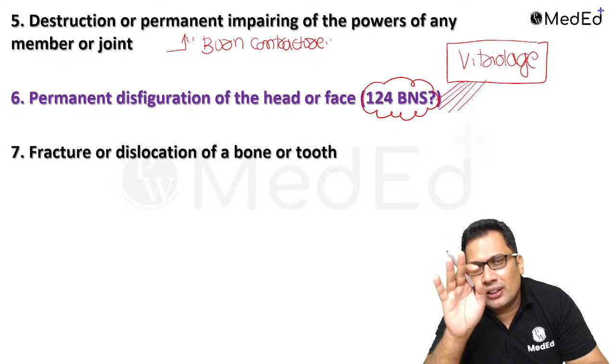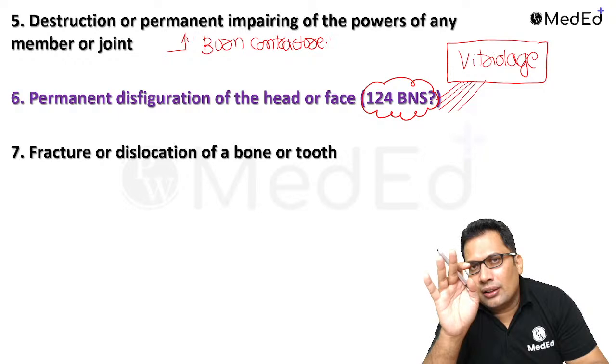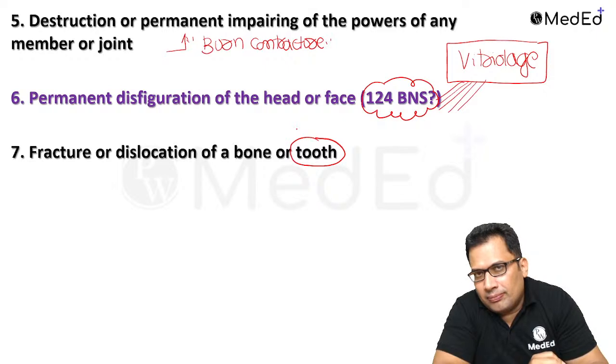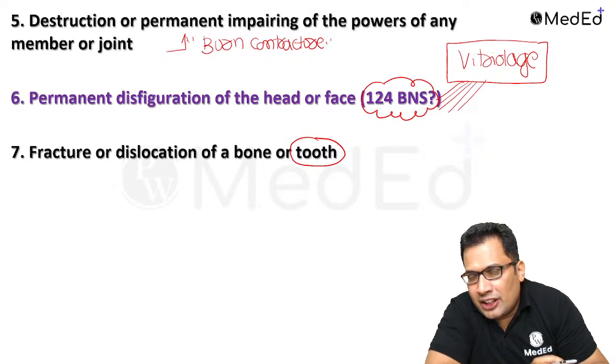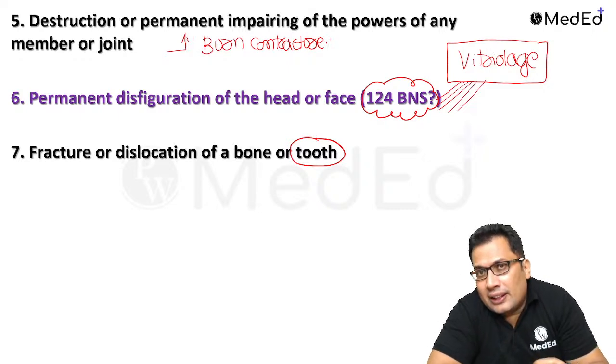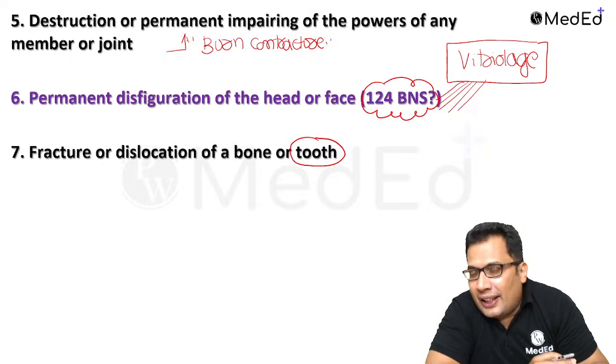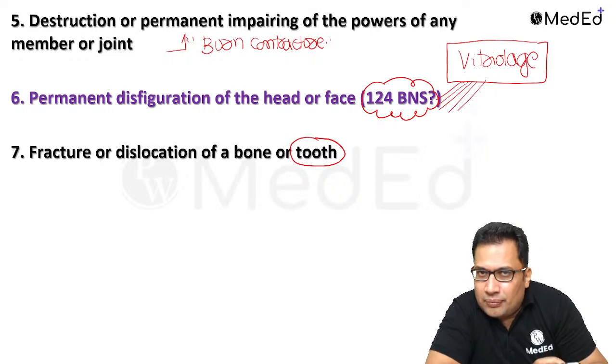Any dislocation can be grievous hurt. Or tooth dislocation can be grievous hurt. It should be a fresh injury, there should be hematoma, and because of that injury, road traffic accident or assault, if the injury is fresh and there is a dislocation, then it is grievous hurt.